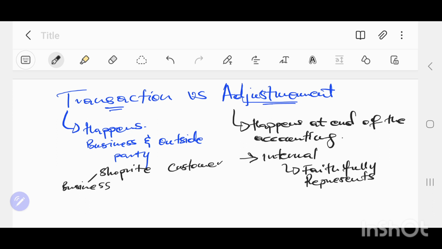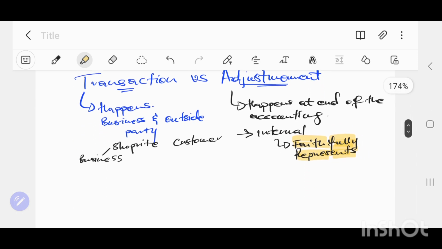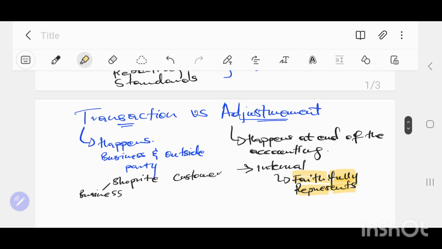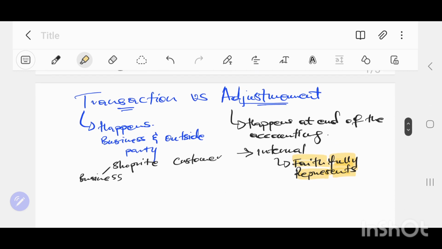Information is faithfully represented if it is free from errors and omissions. So when you are adjusting information, you are trying to fix these errors and omissions so that it meets this fundamental characteristic. I hope the difference between an adjustment and a transaction makes sense.